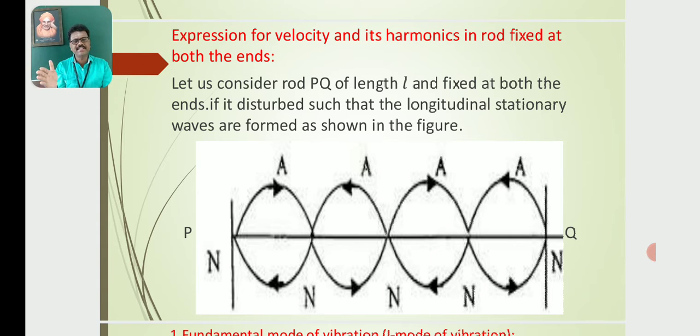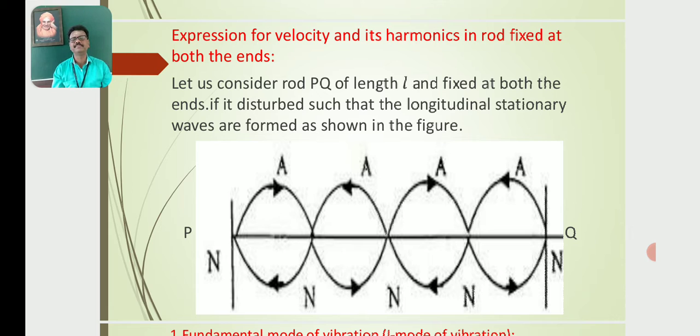So let us consider a rod PQ of length L fixed between the points P and Q, where P is one end of the rod and Q is the opposite end.